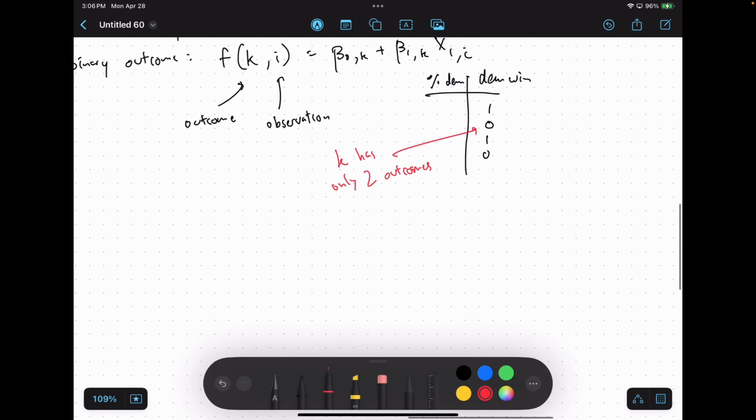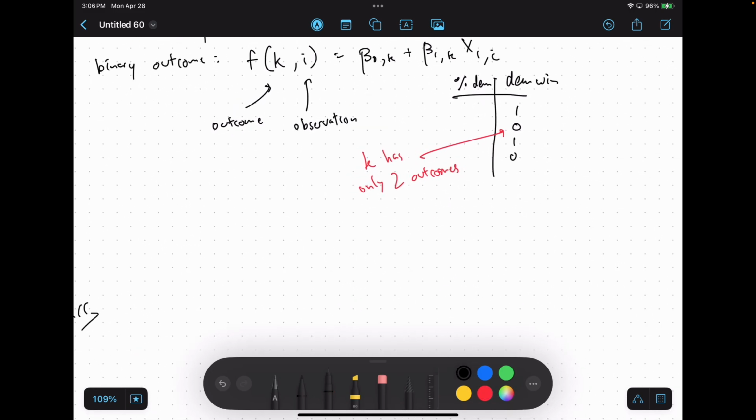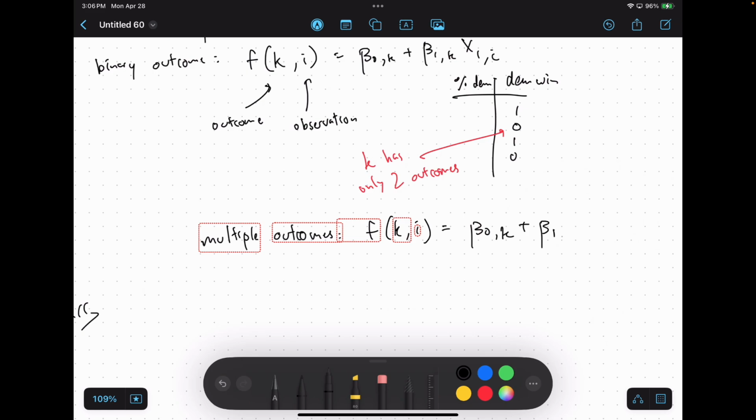The idea is now we want to extend this to thinking about multiple outcomes. So f k,i becomes the same thing, beta 0,k plus beta 1,k x1,i. So this is equal to a vector of betas for every different outcome.